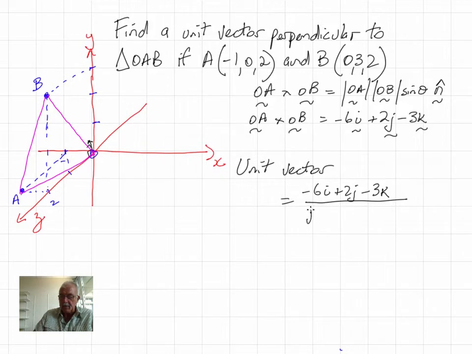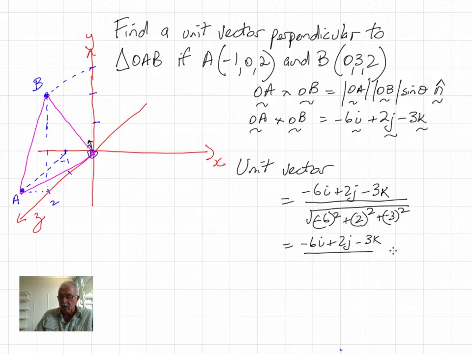The magnitude of the vector will be the square root of (-6) squared plus 2 squared plus (-3) squared, and I think that turned out to be the square root of 49, which is 7. So it'll be -6i plus 2j minus 3k all over 7.